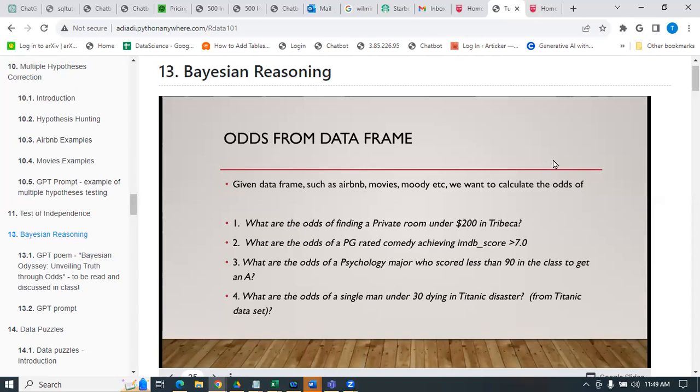In the third statement, what are the odds of a psychology major who scored less than 90 in the class getting an A? Again, the belief is simply getting an A. The observation is a psychology major who scored less than 90 points. And so on, right? So it's very important to learn what is a belief and what is an observation, because everything else is a function of this.